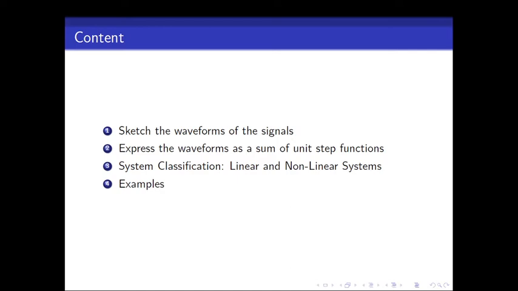So we first apply the time shifting operation, then the scaling operation, and if there is a time reversal operation, then at the last we apply the time reversal operation. So this is the sequence to follow if more than one operation is performed on the signals.